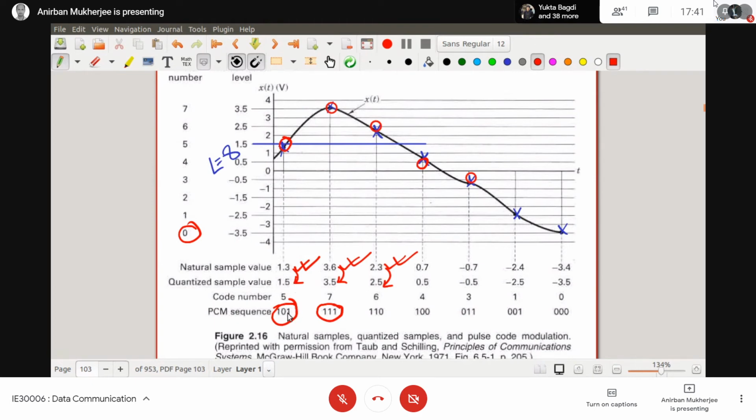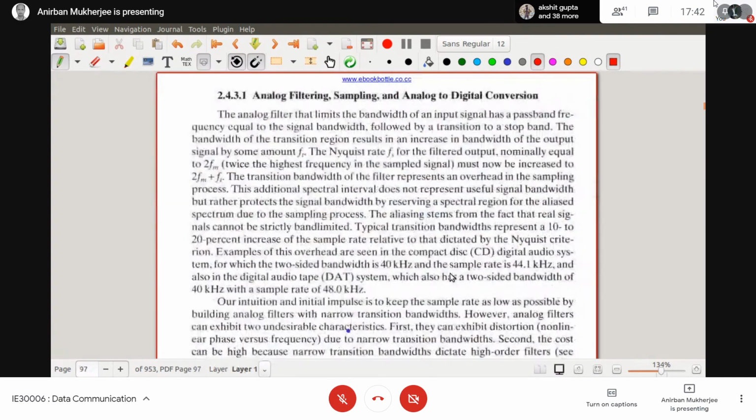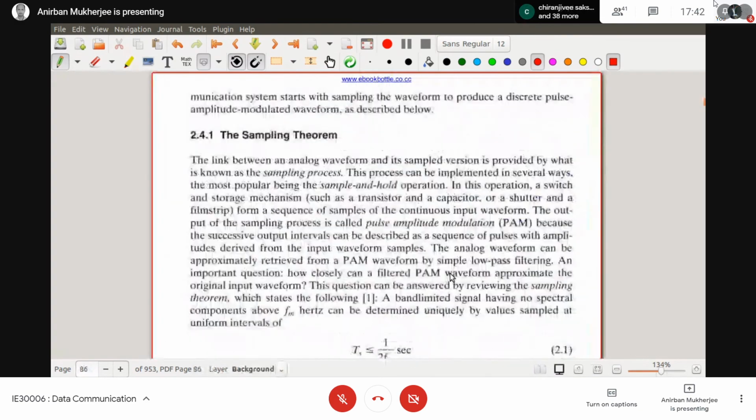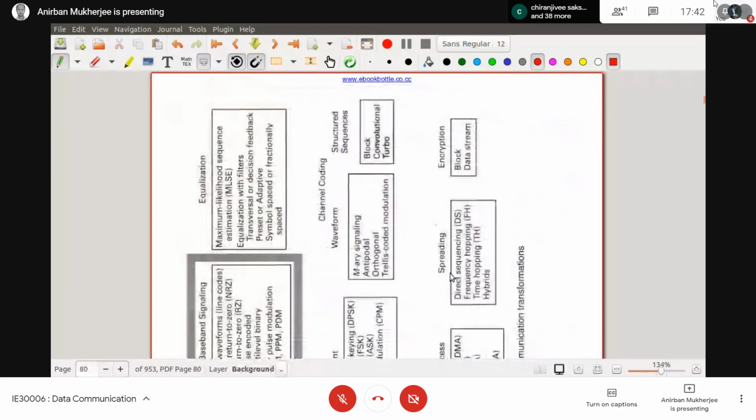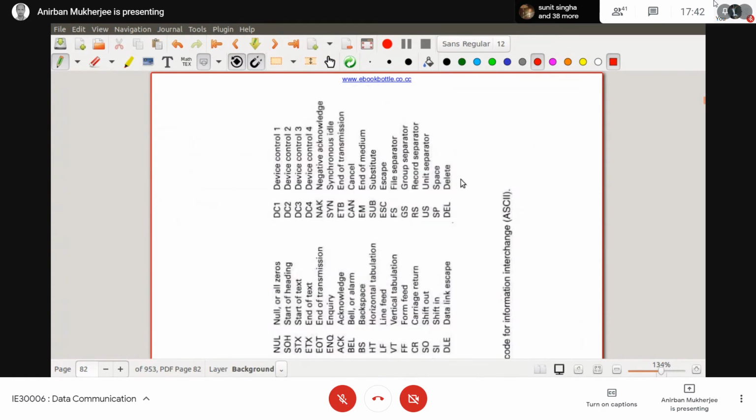Let us go to the previous one. I am encoding it. Okay, so is it clear? That means after quantization, I am just encoding these blocks of 1 0 0 1 1 0 in this way.